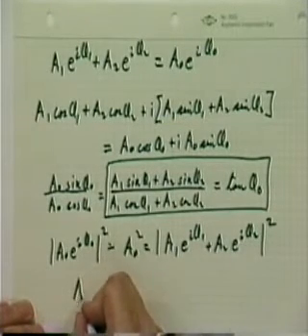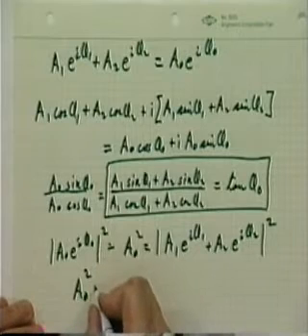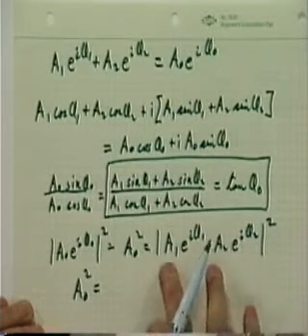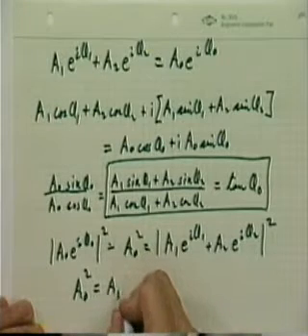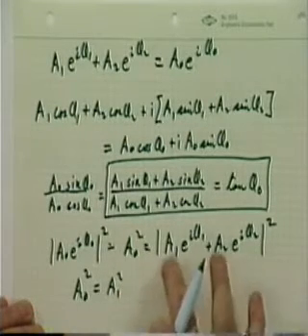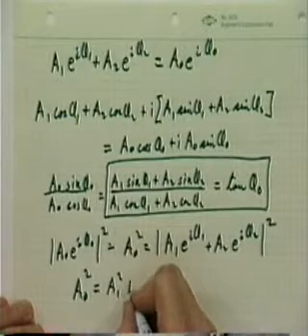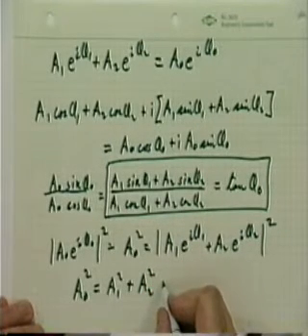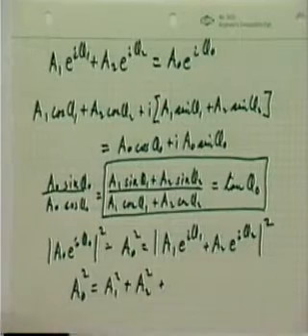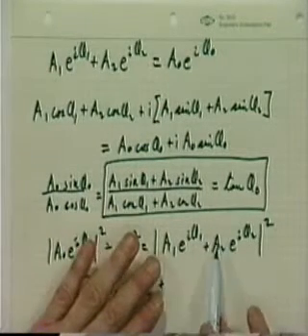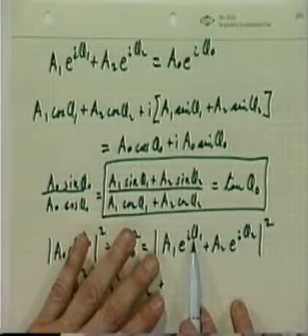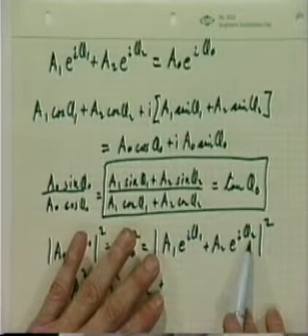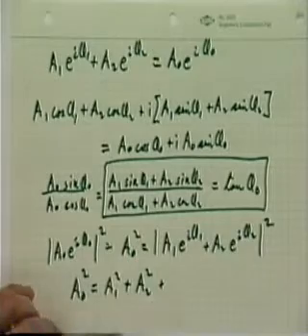We have A naught squared is equal to, well, what that's going to be is A1 squared plus A2 squared, plus we're going to get A1 A2 times e to the i phi 1, e to the minus i phi 2, and then we're going to get the complex conjugate of that.